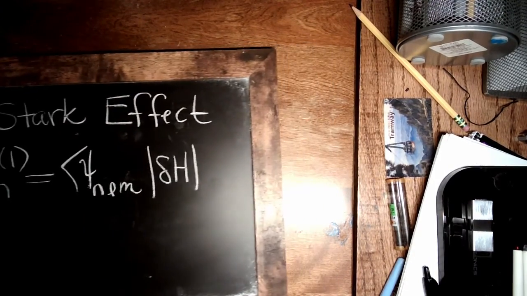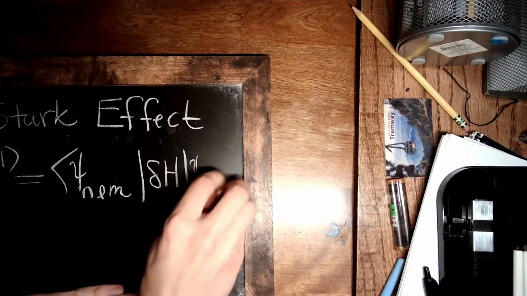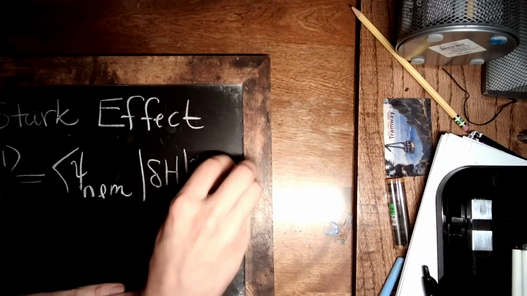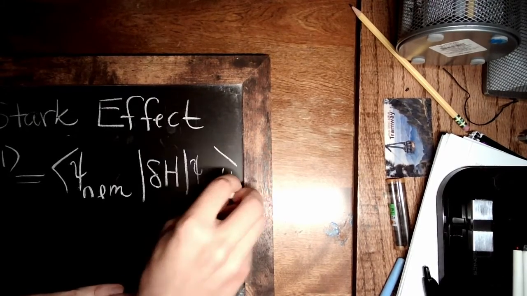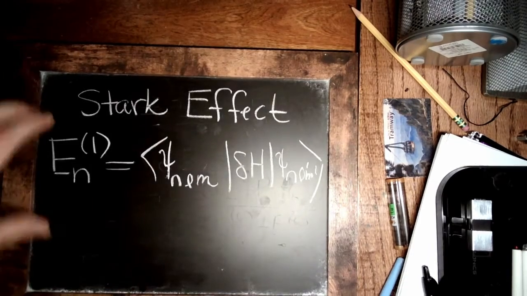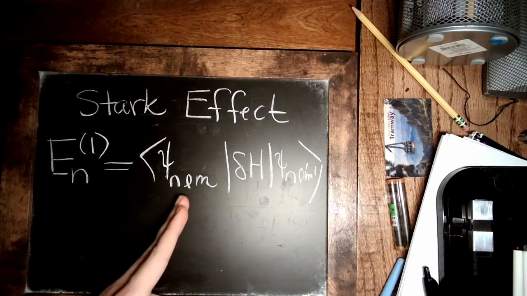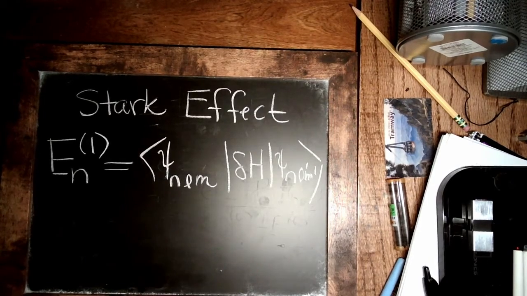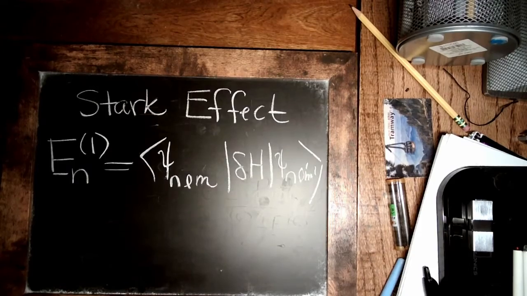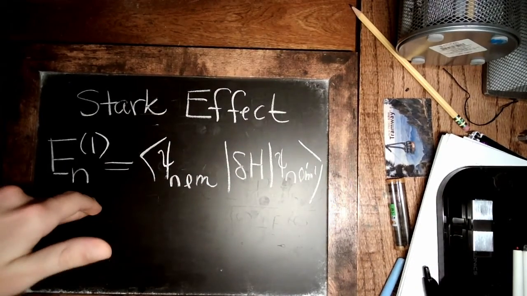And then you put on the other side of the sandwich a ket with the same n, l prime, m prime. And the reason they're primed is because what this represents is actually a matrix made up of all the different combinations of l and m. So you'll have a bigger matrix depending on how many possible states there are. And of course the number of l's and m's is set by a given n.